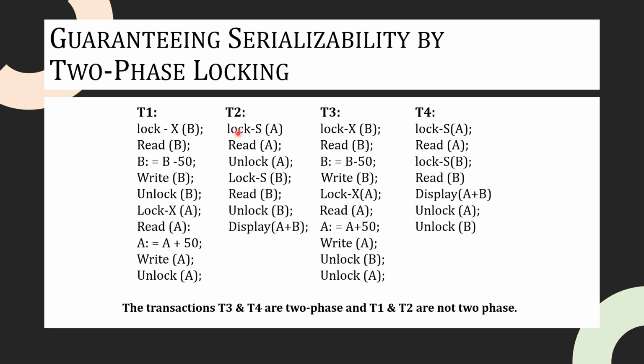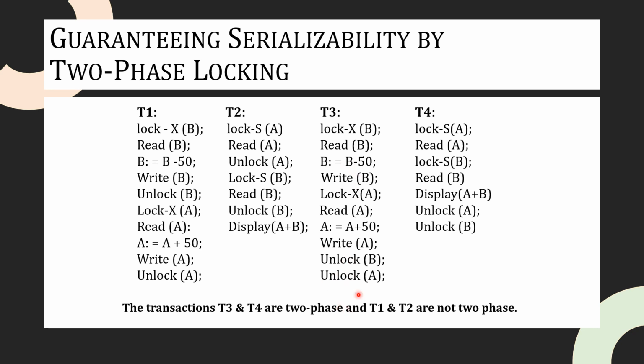Here also we have lock of S, then an unlock on that, then lock on B, then unlock on B. So the locks are not acquired together. So this one is also not in 2PL. When we look into T3, we can see lock X of B, then lock X on A, then releasing the two acquired locks.